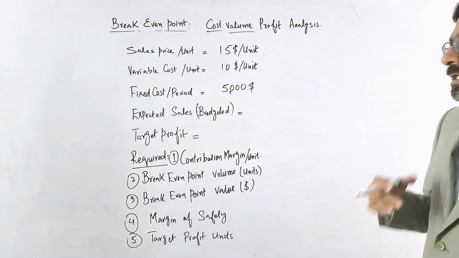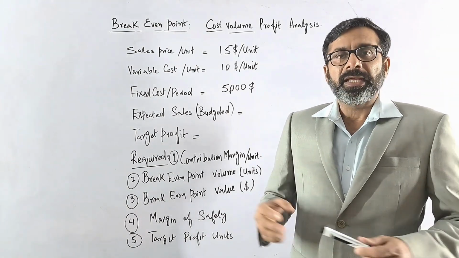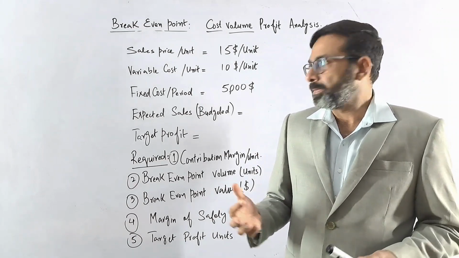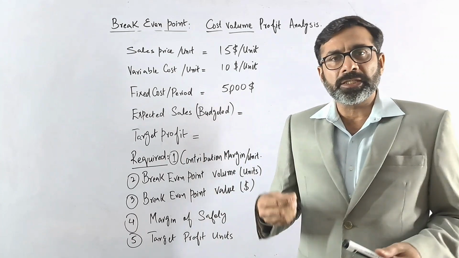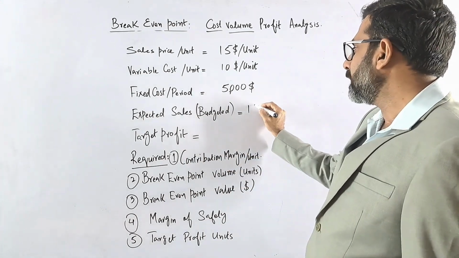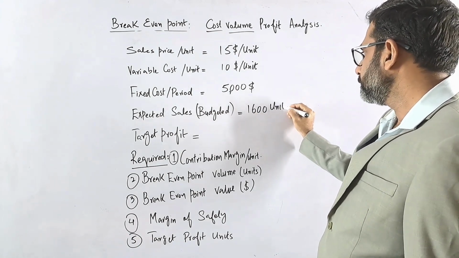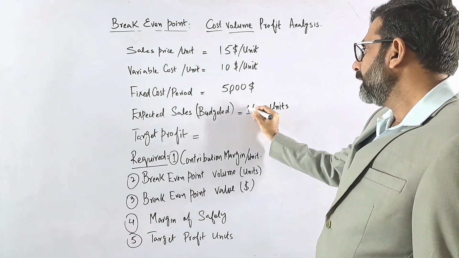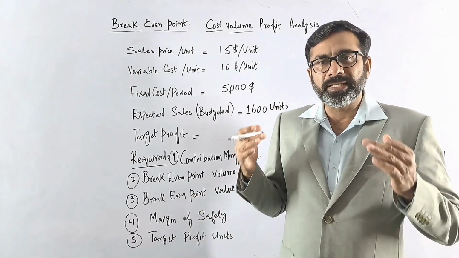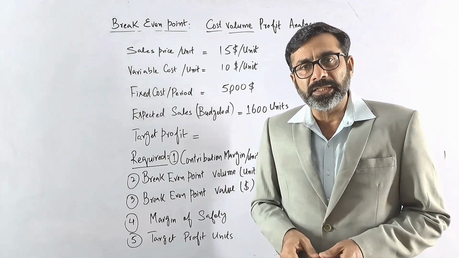Now the expected sales. What is meant by the expected sales? Whenever a company is manufacturing any product, they make budgets, so they budget the expected sales for the next period. We just assume 1,600 units. It is their plan, their expectation, or the estimation of the budget team or the sales team.